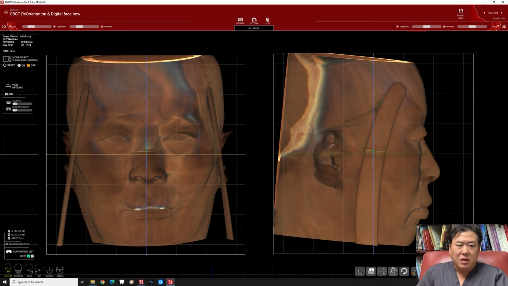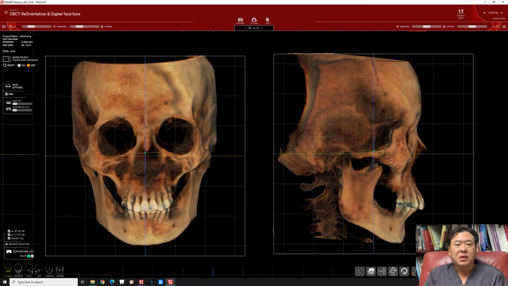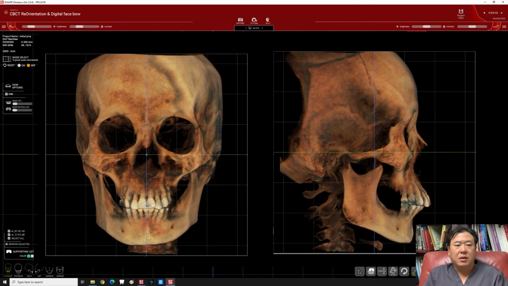Right now, this CBCT is not in proper alignment with mid-sagittal plane and Frankfurt horizontal plane. Through simple reorientation procedure, which takes about a couple of minutes, I can reorient it in proper alignment. And here we go. We can see the picture on the right.